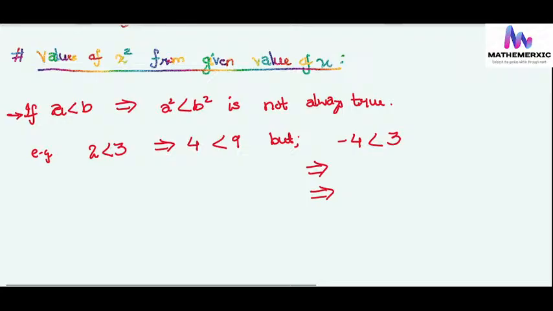So squaring both sides will get to 16, but the sign will flip here. And why will the sign flip?